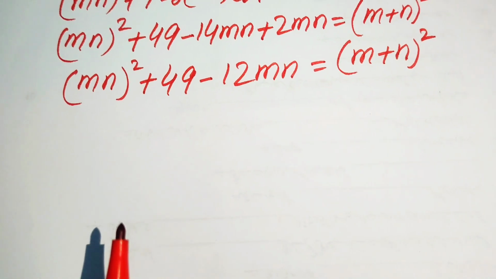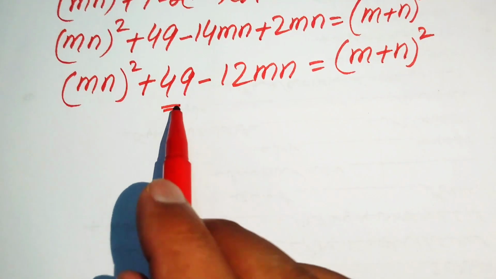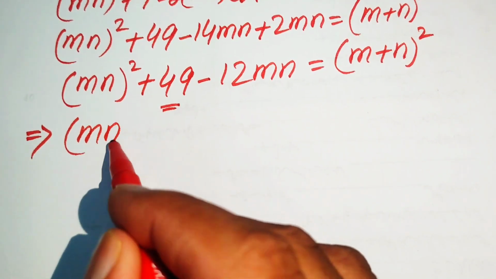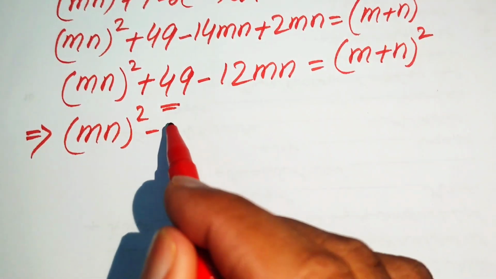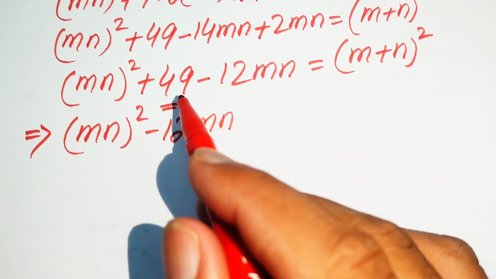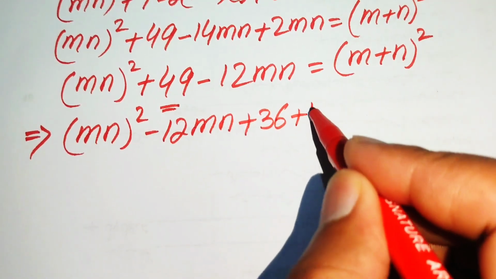So after that we need to focus on the left hand side, and here we break this 49. We first write (mn) whole square, then this term minus 12 times of mn, and here you have 49 and we write this as 36 plus 13.